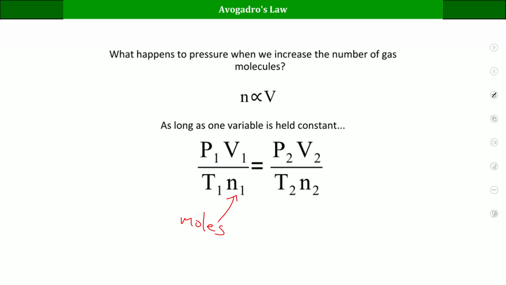As long as one thing is held constant, this is the only form of the combined gas laws you need. If you check your conversion sheet, your equation sheet, it doesn't have just Boyle's law. It doesn't have the individual form of any of these gas laws. It just has this.